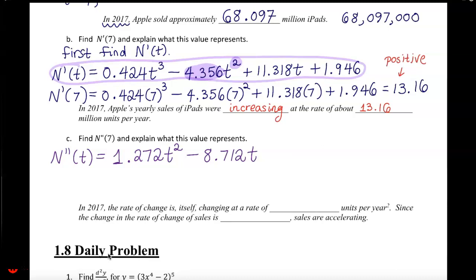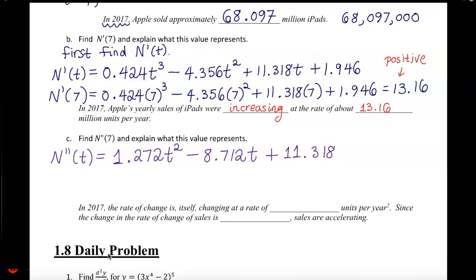Because it used to be t squared, now it is t to the first power. Plus, now if you look at this term, wouldn't that just be 11.318? Because next it will be t to the 0th power. And the constant will just give us 0, so we do not need to put it.